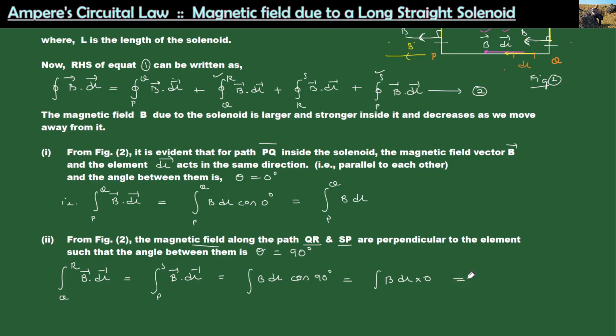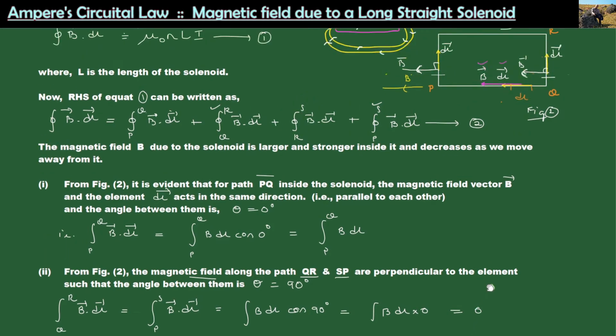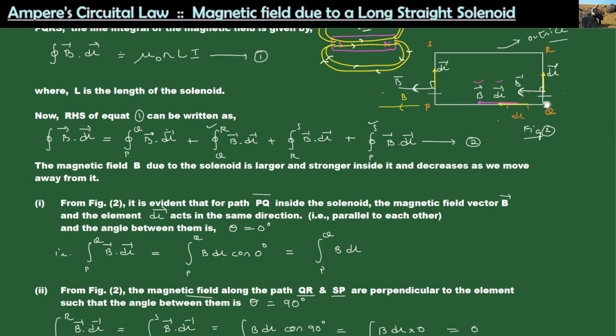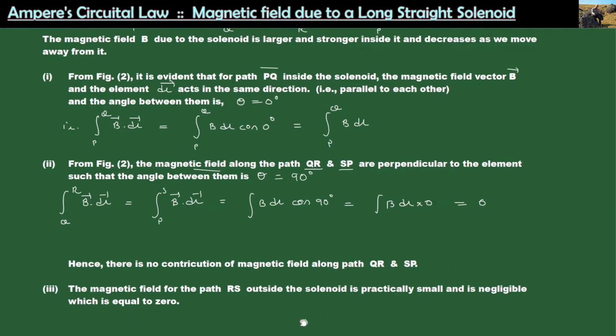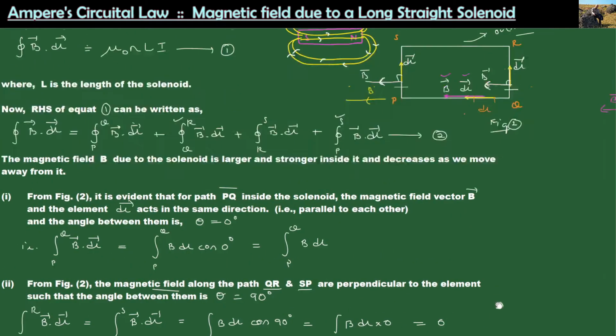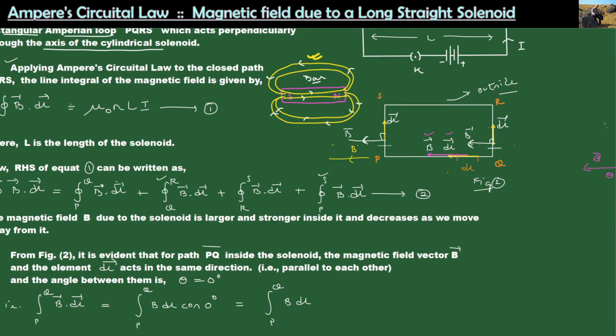So both these two integrals will be equal to 0, which means there will be no contribution along the arms QR and PS, and even from this arm RS or SR.